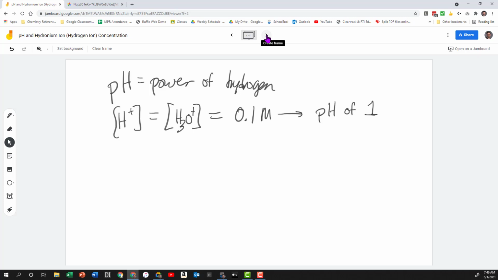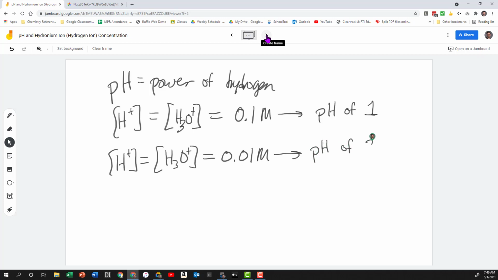An H plus ion concentration, or an H3O plus concentration, of 0.01 molar. Now we're less acidic, right? Because the concentration is 10 times less than that other one. This is a pH of 2. And you might see a pattern going on here, right?